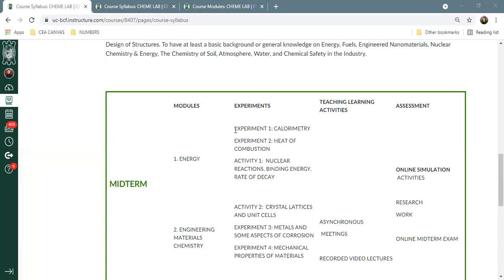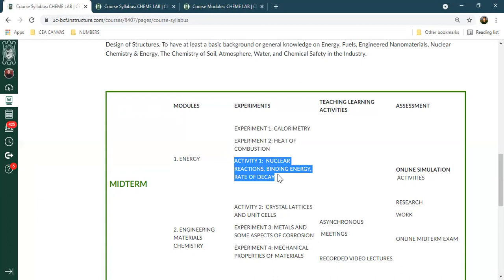The following are experiments 1, calorimetry. Your second experiment will be heat of combustion. And the first activity is nuclear reaction binding energy and rates of decay. You're going to perform online simulation activities which are graded for your CS.